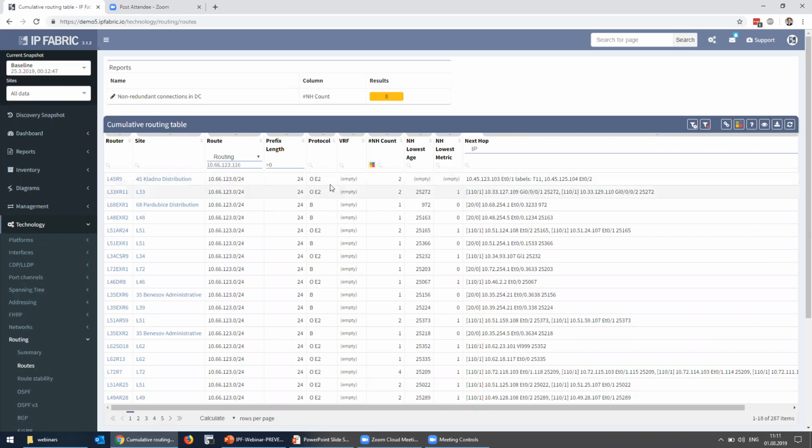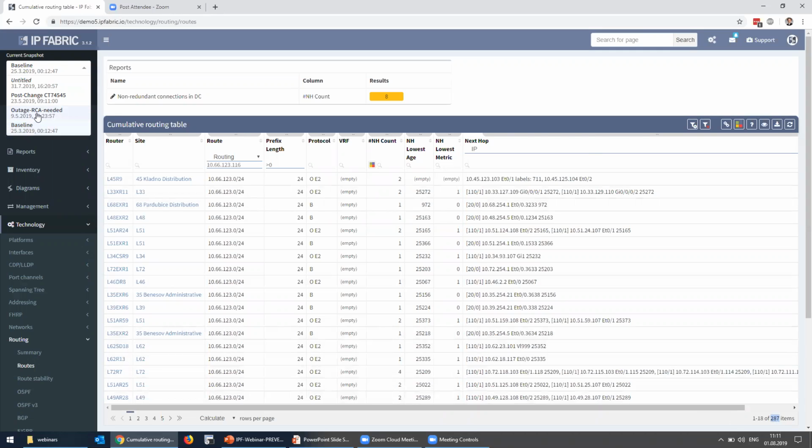So it's distributed here through OSPF, through BGP. It's in a lot of places, and actually we can see that that specific route was in 287 different routing tables. So that was the situation during the baseline.